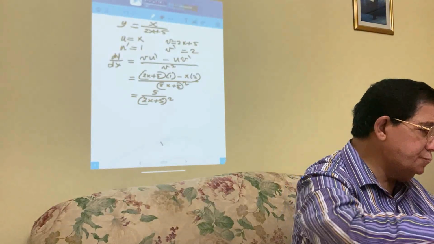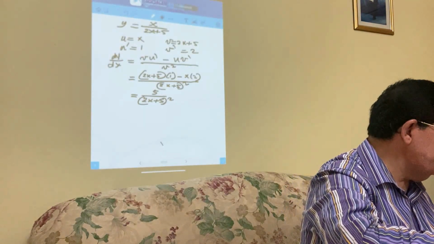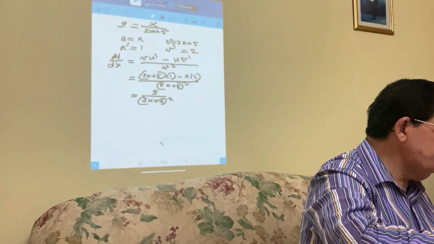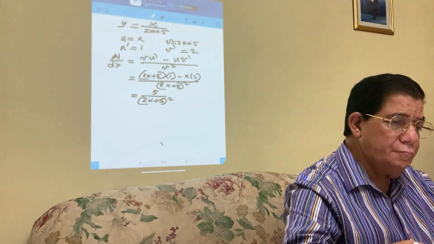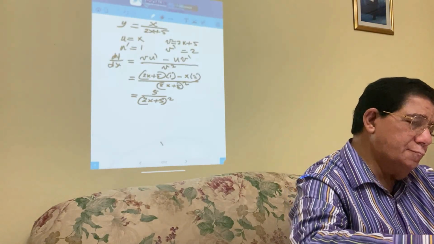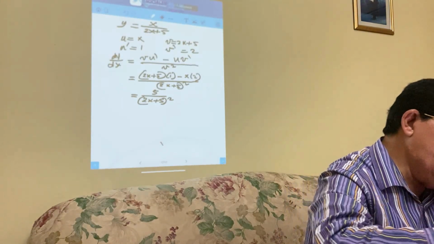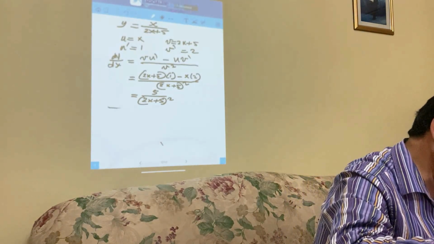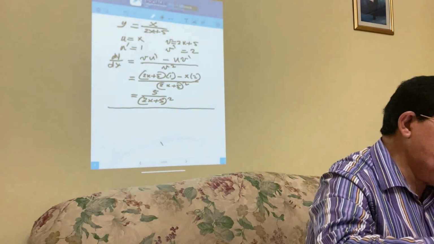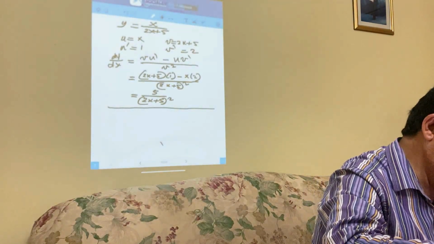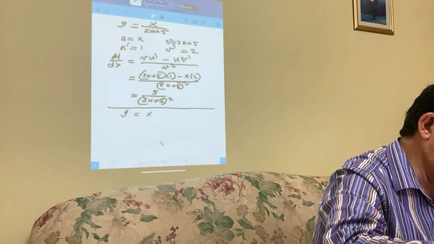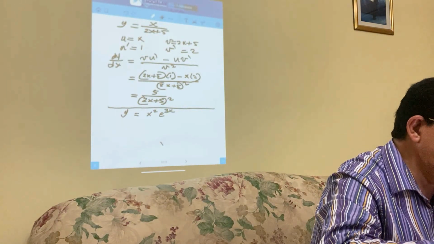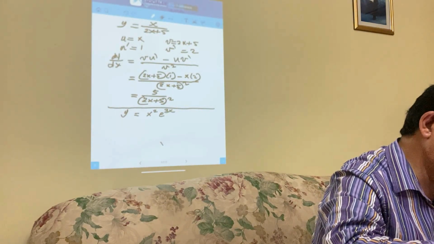Another example, if we have y equal x squared e power 3x, this is a product rule.